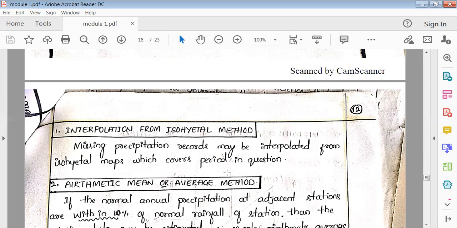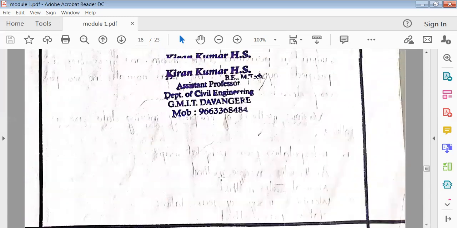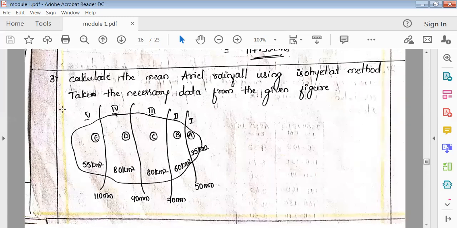From the neighboring isohyets, we can just measure the missing data. You can see here 110, 90, 70. From the neighboring isohyets, we can measure the missed precipitation.